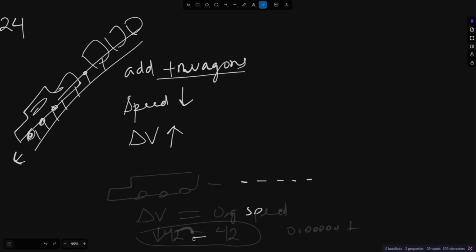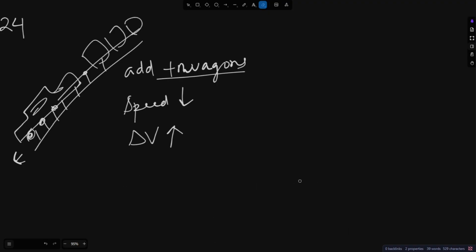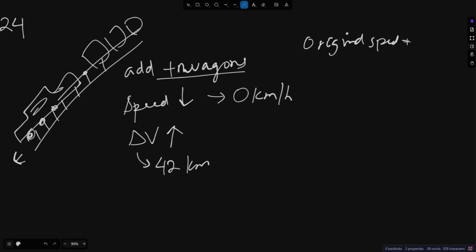I think we've already figured it out. So let's write it down mathematically. We want delta V to be 42. We want our current speed to be 0 kilometers per hour, and our original speed is 42.